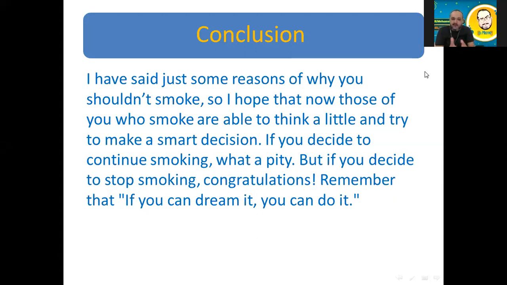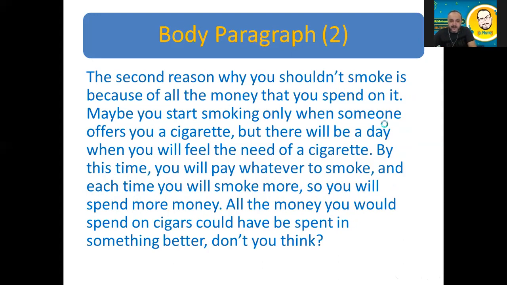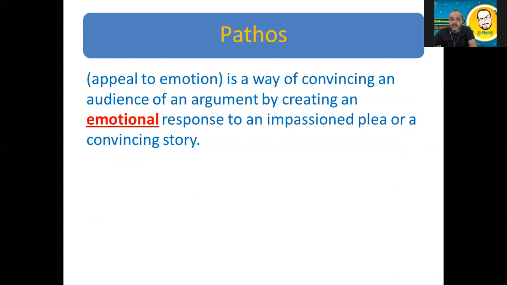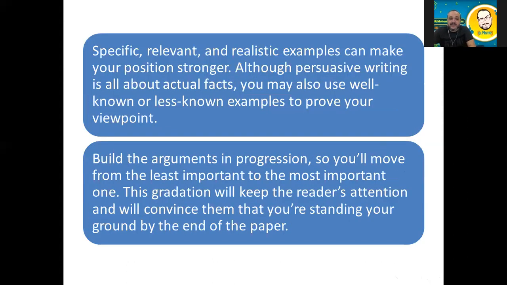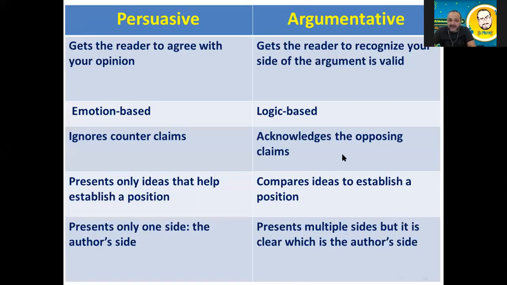That's all for the persuasive writing, but I would remind you to wrap up everything. What did we talk about today? Let's go back in the presentation to remember. The first thing was the difference between persuasive and argumentative writing. And then mostly we said that persuasive writing is taking one point of view, trying to convince the reader with it.